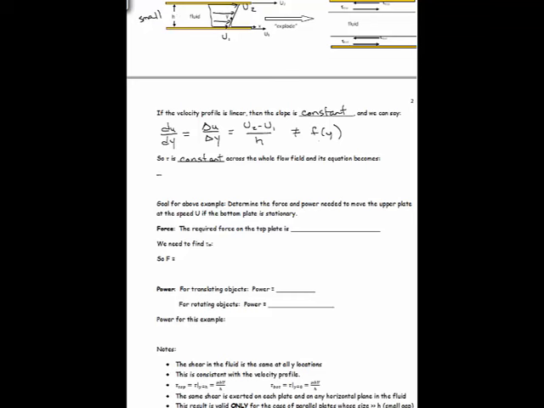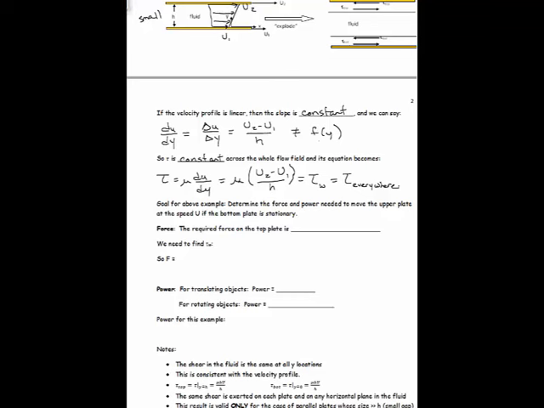So tau, which is mu du dy, is just going to be mu times u2 minus u1 over h. And that is going to be tau not only in the middle, but also at each wall. It's going to be the same at the bottom wall, the top wall, and the middle, because it's constant across that whole gap.